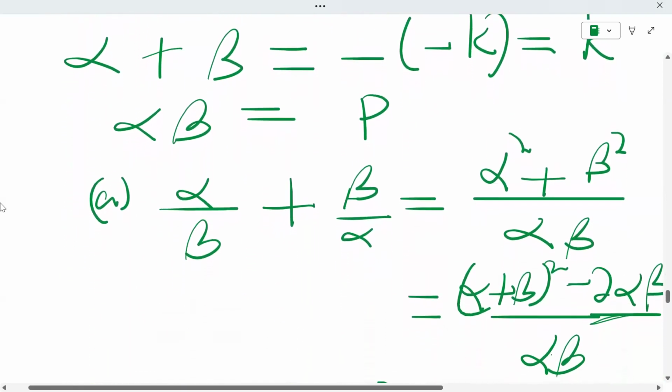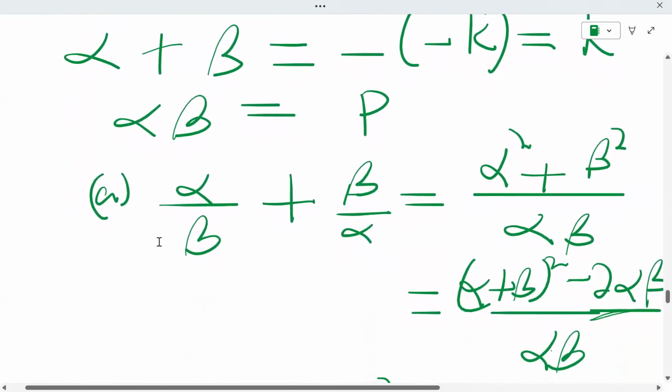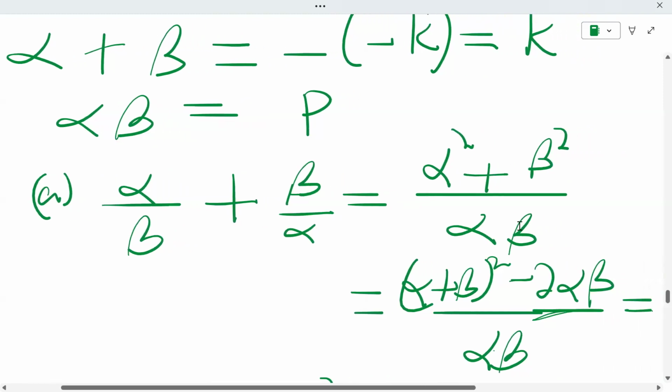Now, so A, we want to find this. So we find our LCM as alpha beta. Beta into this gives us alpha, so alpha times alpha gives us alpha squared. And alpha into this will give us beta, so beta times beta is beta squared. Now, from here, we can express this in terms of the sum of roots and the product of roots.